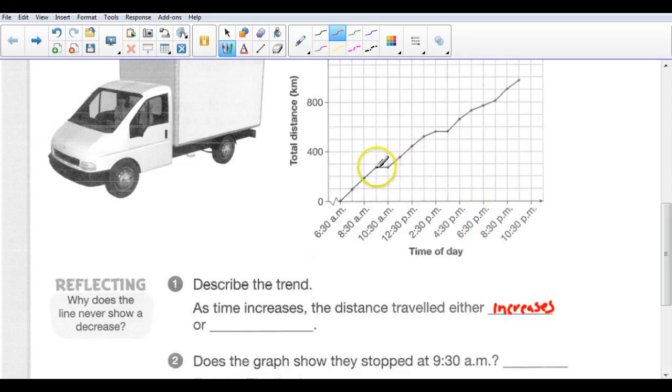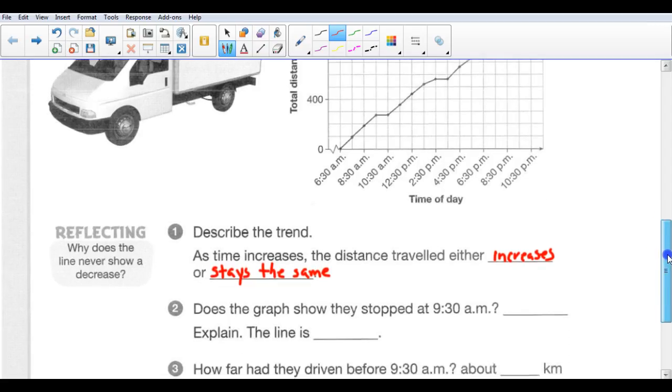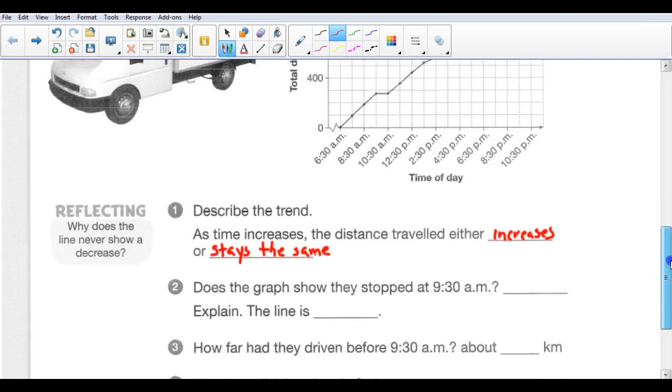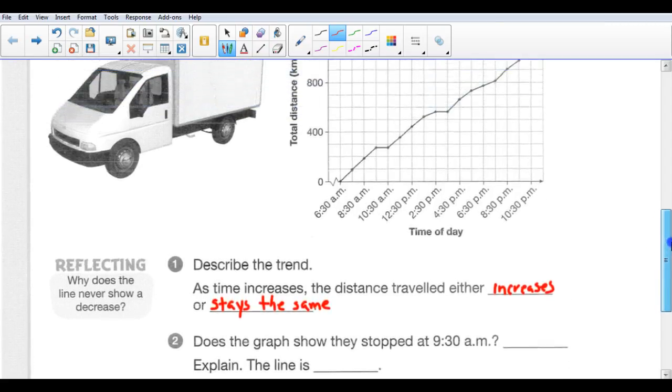or you can see there are certain sections here, and here, where the graph stays the same, which means that they did not increase their distance when they were traveling. Does the graph show they stopped at 9:30 a.m.? Explain.